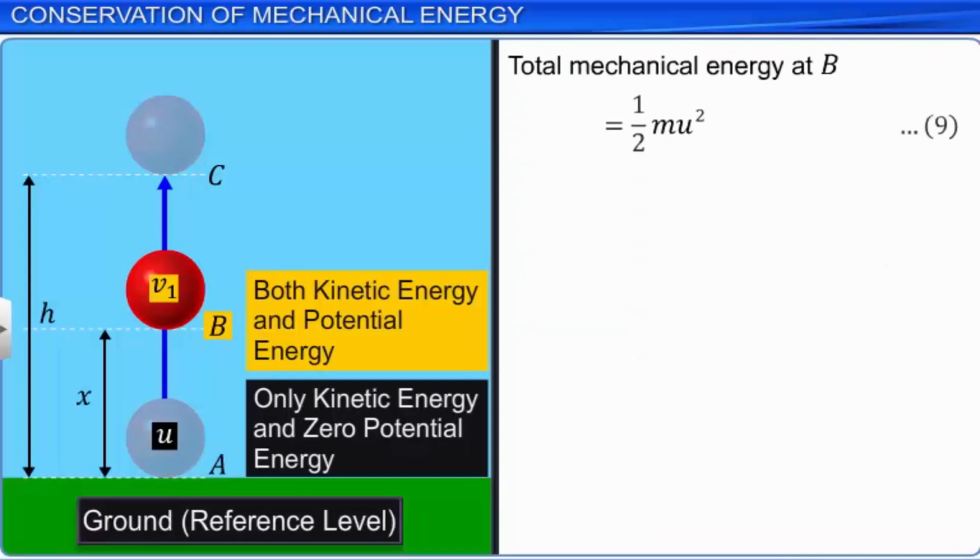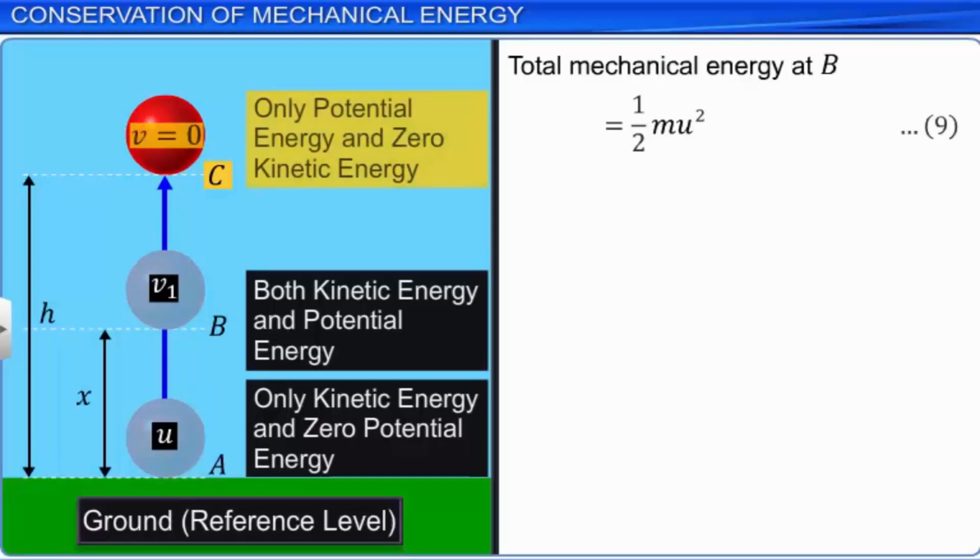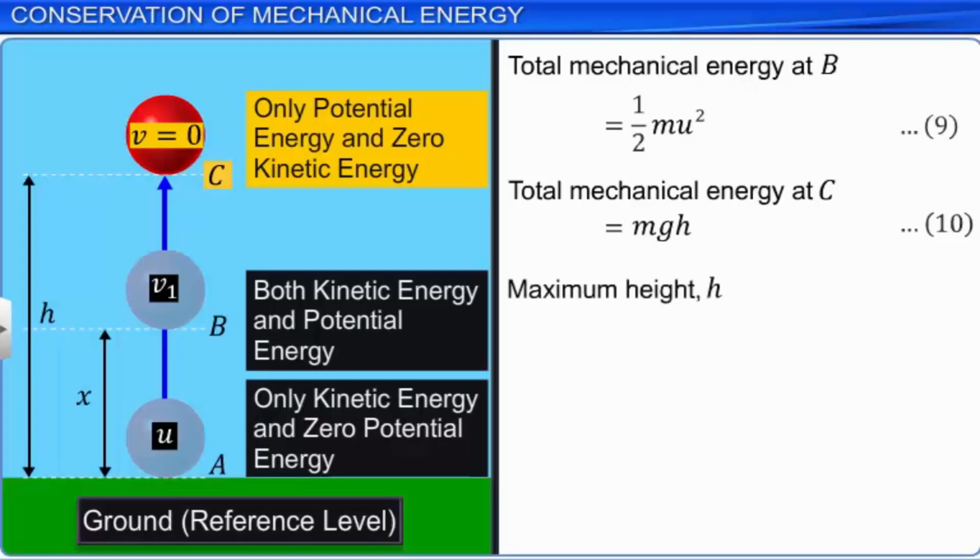When the body reaches point C, that is, the maximum height, it has only potential energy and 0 kinetic energy as the velocity at this point v is 0. Its total mechanical energy at C is denoted by mgh. Let this be equation 10. We learnt earlier that the maximum height h reached is denoted by the expression u² by 2g.